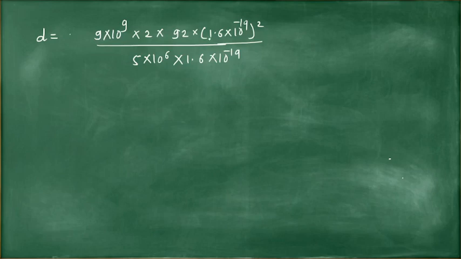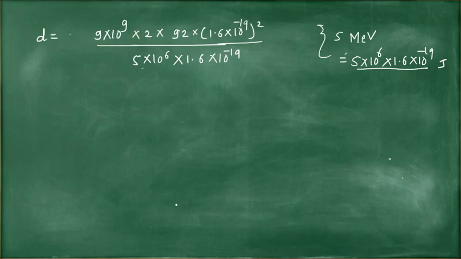Then e square, where e is the charge on electron, upon kinetic energy, which is given in mega electron volt and is converted into joule. So 5 mega electron volt, when converted into joule, is 5 into 10 raised to 6 into 1.6 into 10 raised to minus 19 joule.